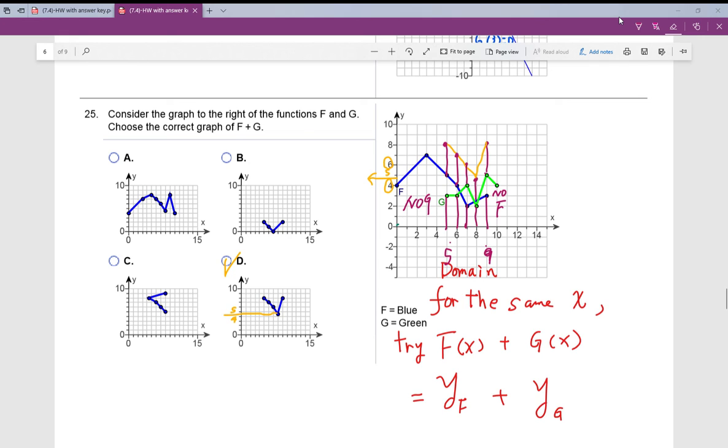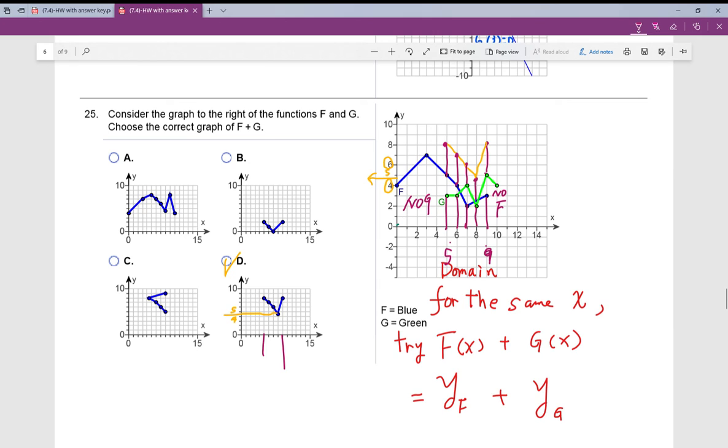So you start from x equals 5 and end with x equals 9. So that's the domain. Starting from 0 is not good. You need to start from 5 and end at 9. 1, 2, 3, 4, 5, 6, 7, 8, 9. Yes, 5 to 9 is fine. This is 5, and this is 9.